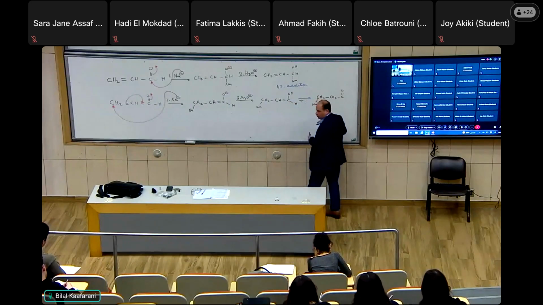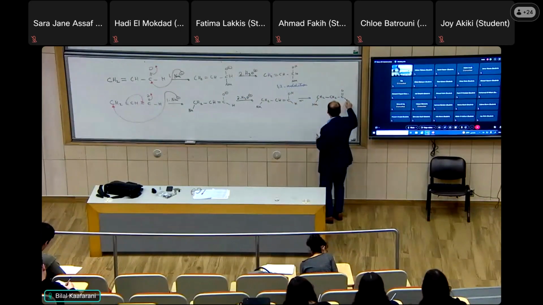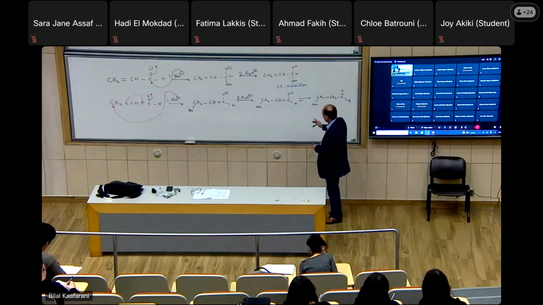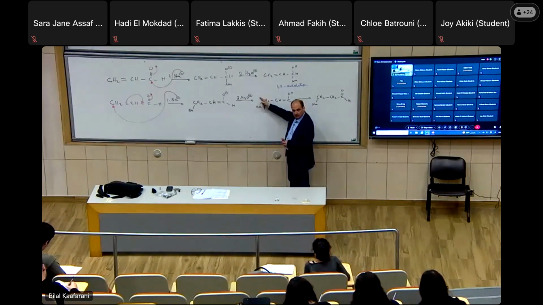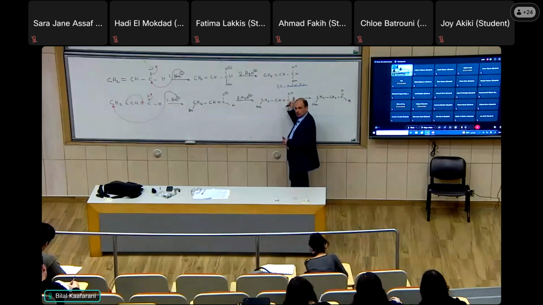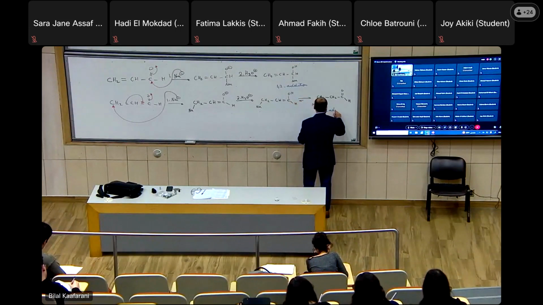Well, the keto here is an aldehyde, so it will tautomerize into the carbonyl H. Now, the nucleophile is added at number 1 and the H at number 4. We refer to this as the 1,4 addition.